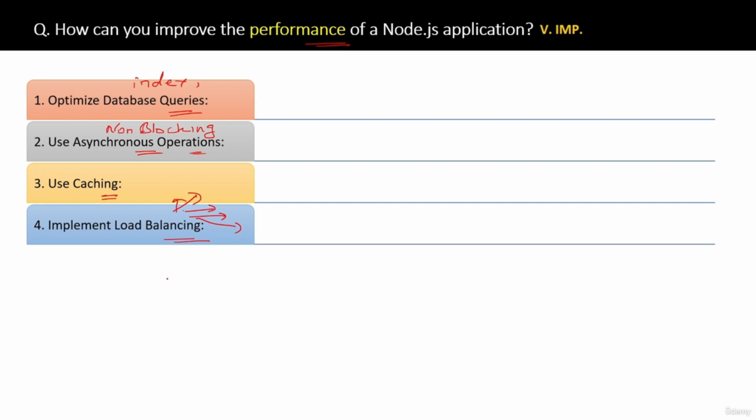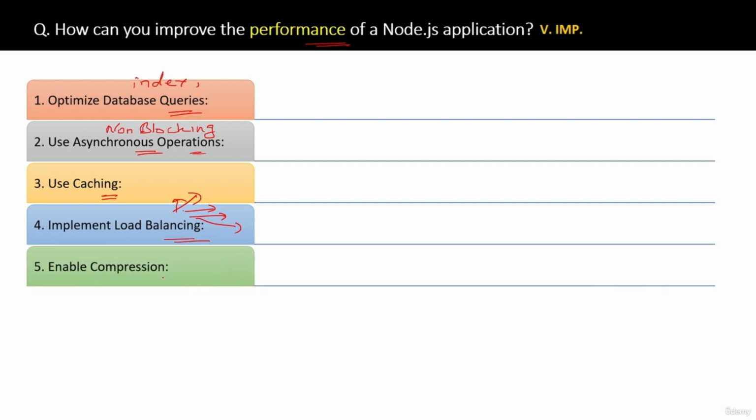Next technique is the compression technique, basically to shrink the size of the response. Whatever response you are sending back from the API to the client, this compression technique will shrink the size of the response.